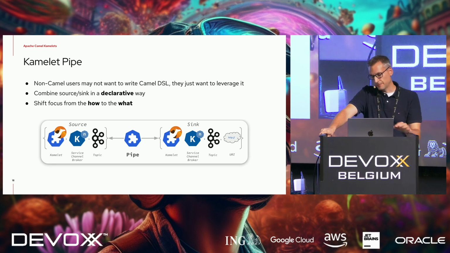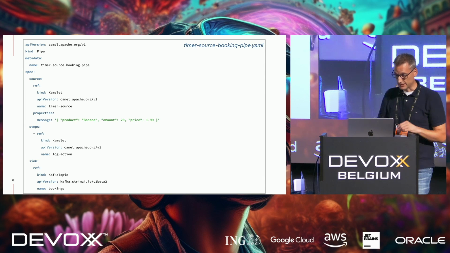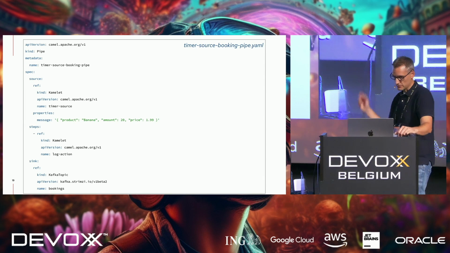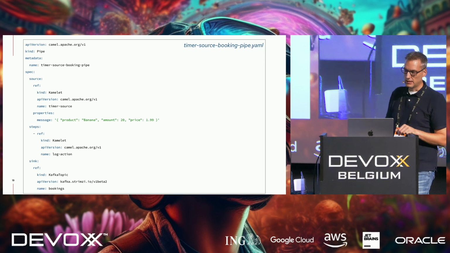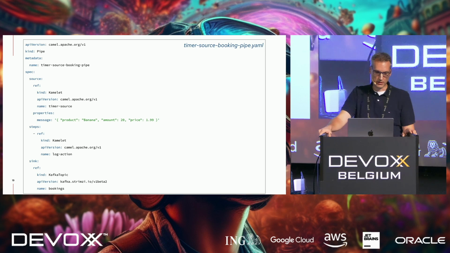And this is again the most declarative way of using the Camelets when you are a non-Camel user. And it's a YAML file again, because it's also used as a custom resource. And I would not go into much detail, because we will see this in the demo later on.